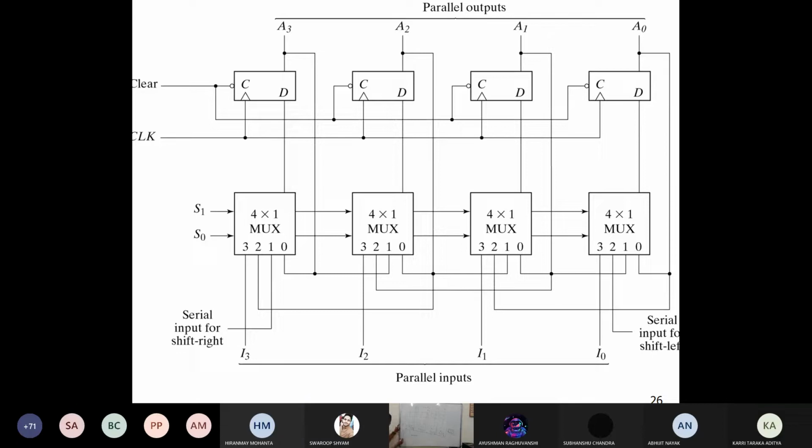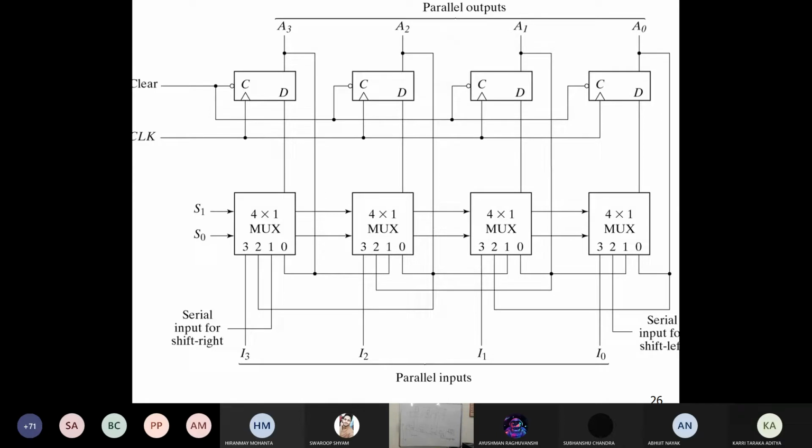Now go to the next one. 1 0 is there. Shift left operation is done. So 1 0 means 2 should be selected. Now 2 should be selected means here shift left serial input for left. The fresh input is provided here. Now how should the connection be? Don't check there, check it here and there. What should be connected?